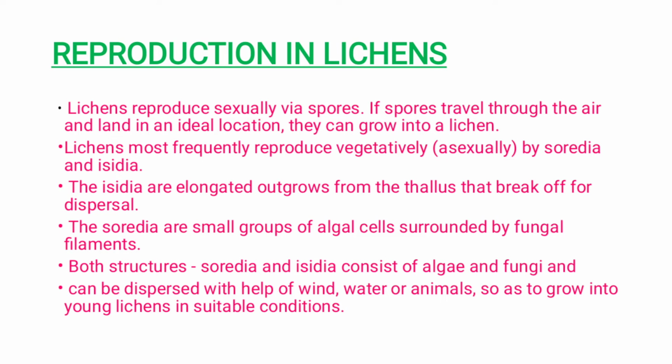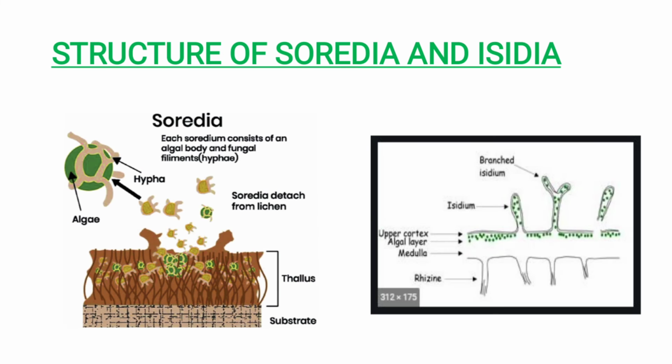And soredia are a small group of algal cells surrounded by fungal filaments. Both structures, soredia and isidia, consist of fungal and algal components and can be dispersed with the help of wind, water or animals so as to grow into young lichens in suitable conditions.